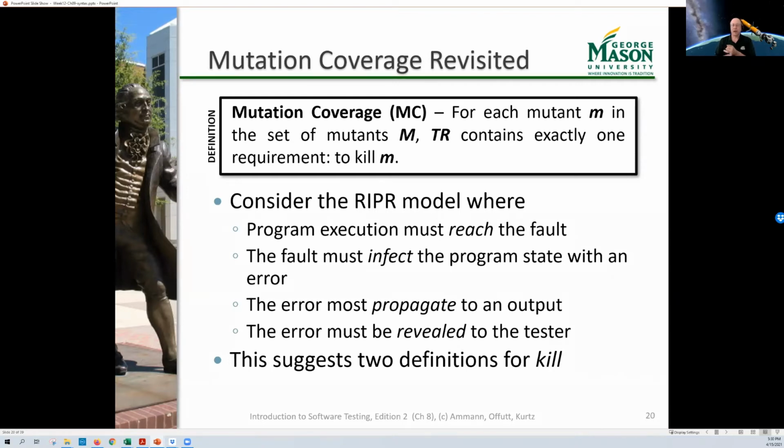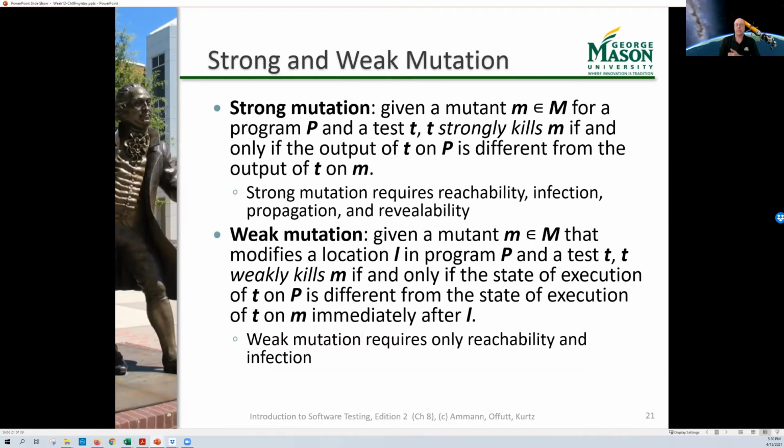The error must propagate, not must propagate, must propagate to an output. And then the error must be revealed somehow to the tester. And this kind of suggests 2 different definitions for what it means to kill a mutant. So we can think about mutation in terms of strong mutation.